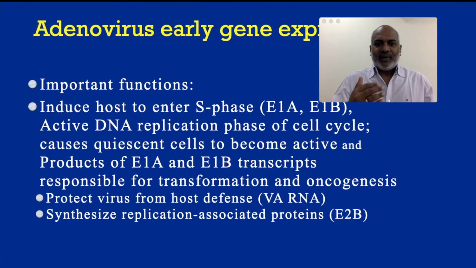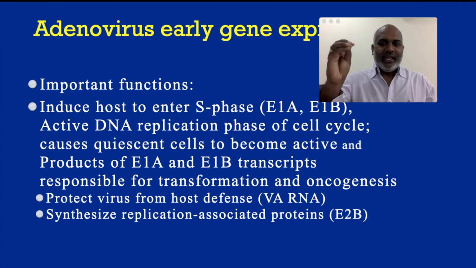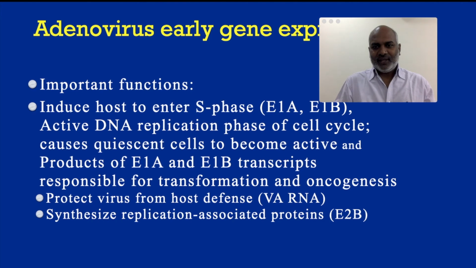So what are the functions of the early gene products, or early gene expression? Basically, the early gene expressed proteins have 3 functions. First, they induce the host cell to enter into the S phase, particularly E1A and E1B.